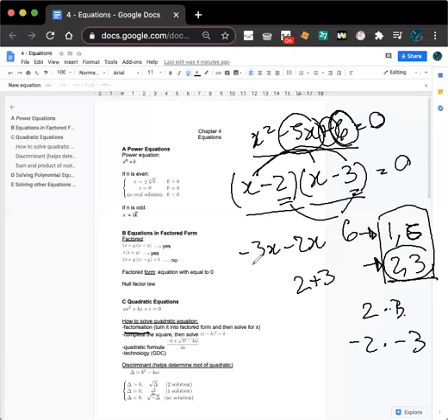So you have to find the two values that add up to this value, and for this one, the two values that multiply to give this value. I have no idea if my explanation is clear, but that's usually how I do it.